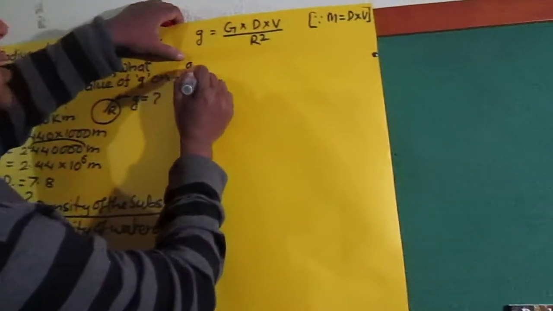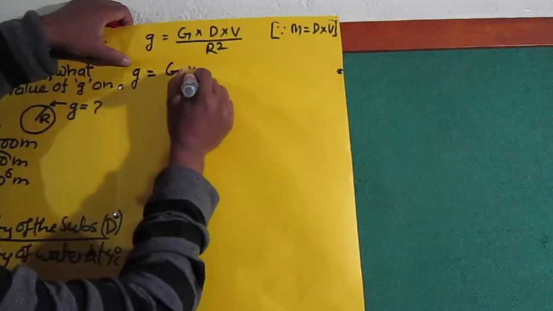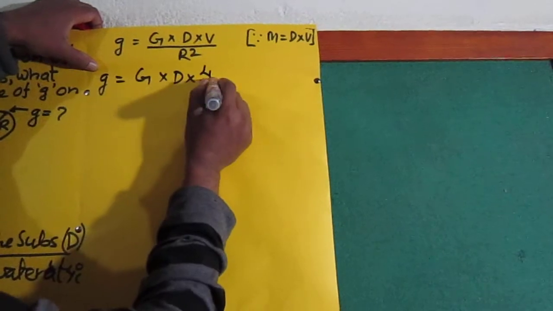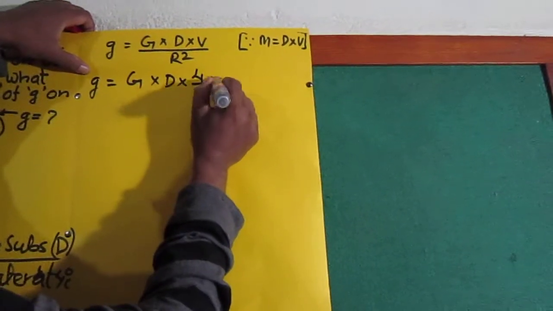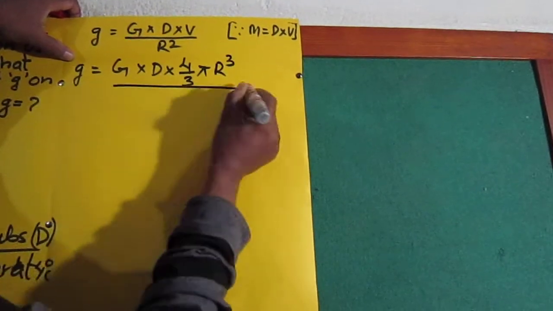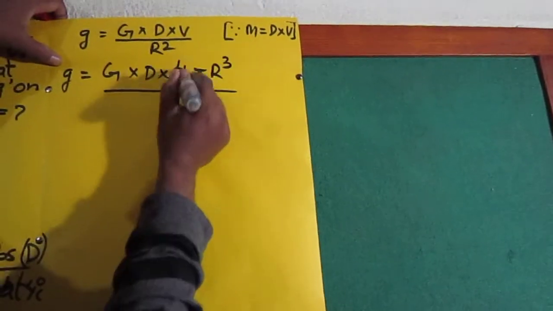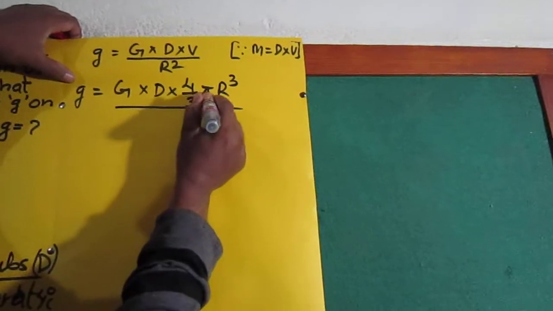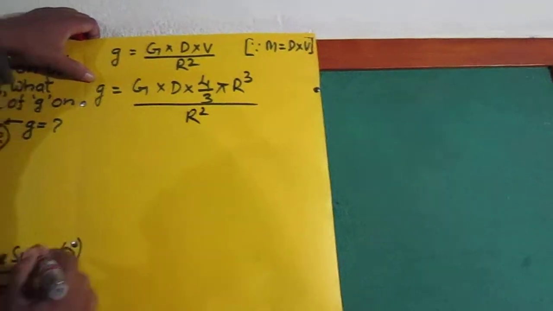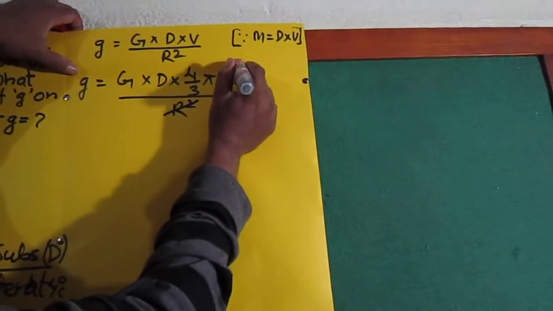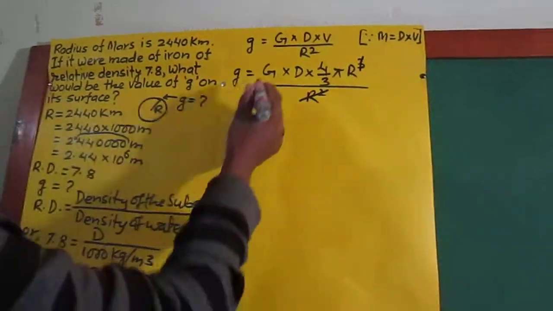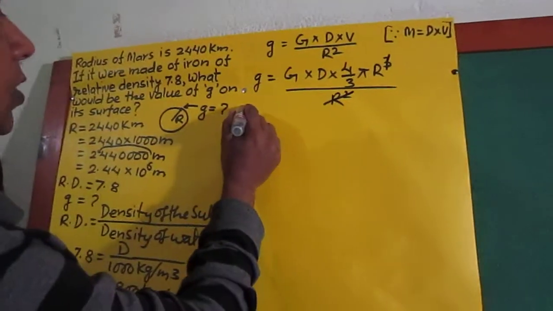Then we can write g equal to capital G into D into, if it is considered as a sphere, 4 by 3 pi r cube, because for a sphere, its equation is V equal to 4 by 3 pi r cube. That's why in place of V I am writing this, and here we have R square. One of the r is left, r cube is cancelled. Now everything we have, we can put all these values.